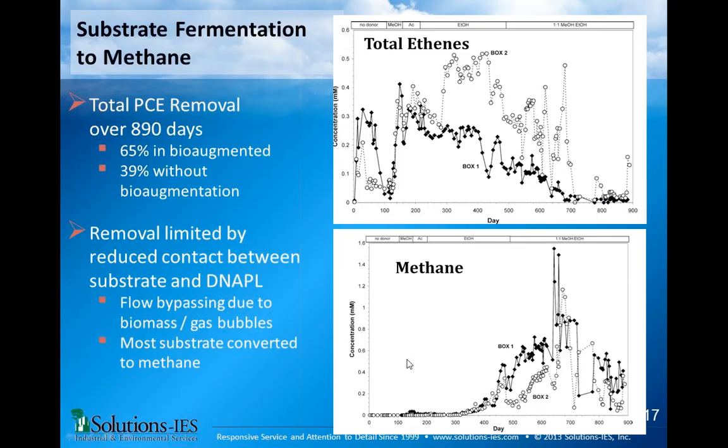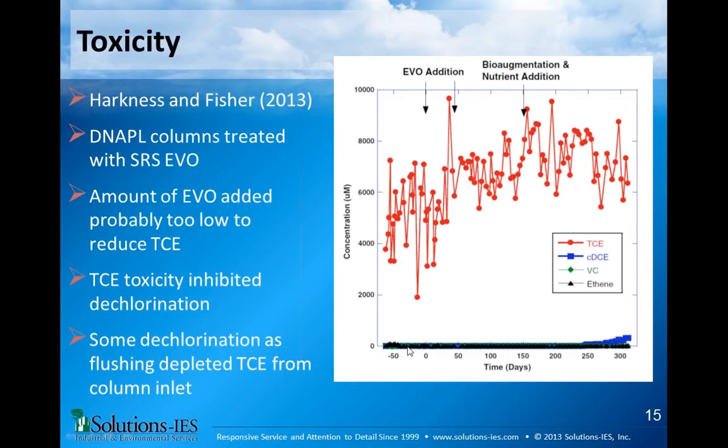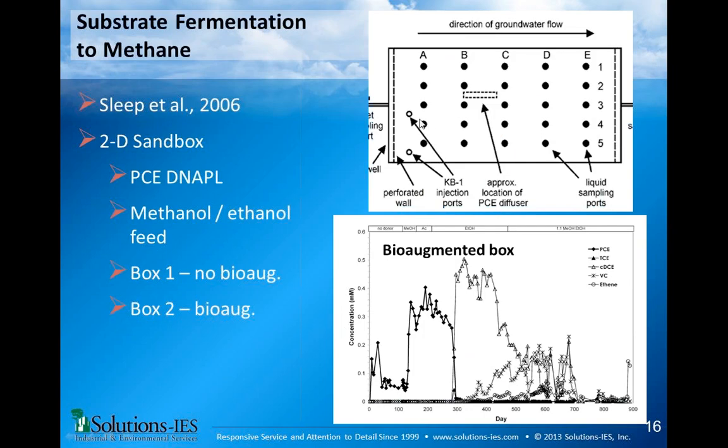If you look at total ethenes removed, that's just the sum of PCE, TCE, DCE, vinyl chloride, and ethene. What you see here is the two boxes. I think the dark symbols are box 1, the not bioaugmented. Box 2 is the open circles. You can see here, with or without bioaugmentation, they're tracking pretty similarly.